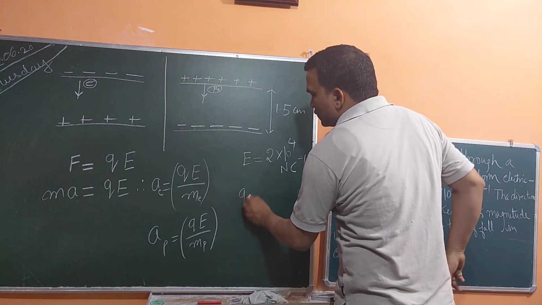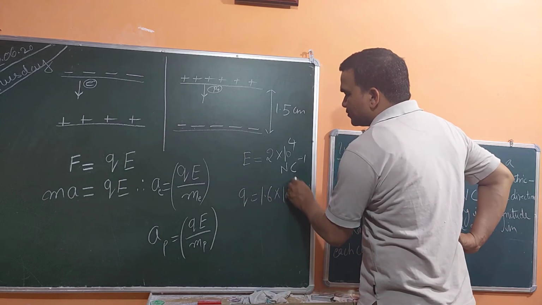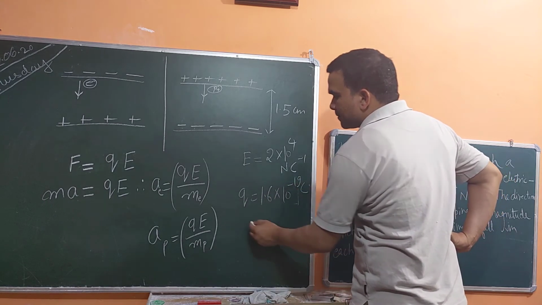So value of q is 1.6 into 10 to the power minus 19 Coulomb.